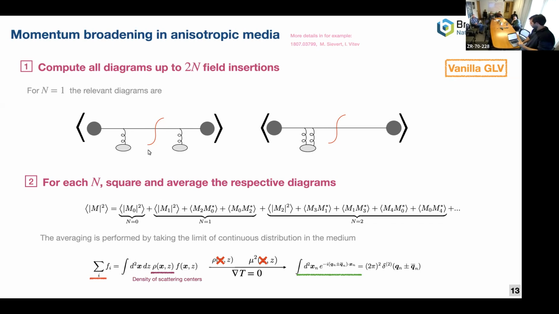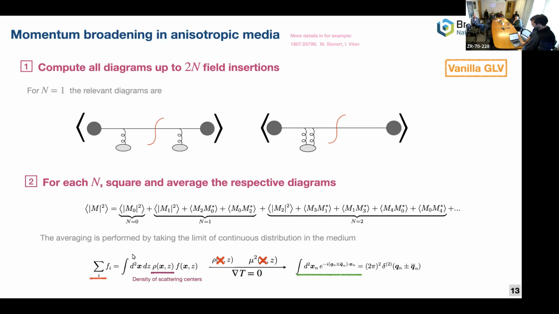Here I wrote down the diagrams for the single interaction, which is either on the amplitude or the conjugate amplitude, or a double interaction on one side of the cut. Once you compute these diagrams, which is trivial because they are tree level, you just have to average all of these quantities over all possible configurations of the background field.